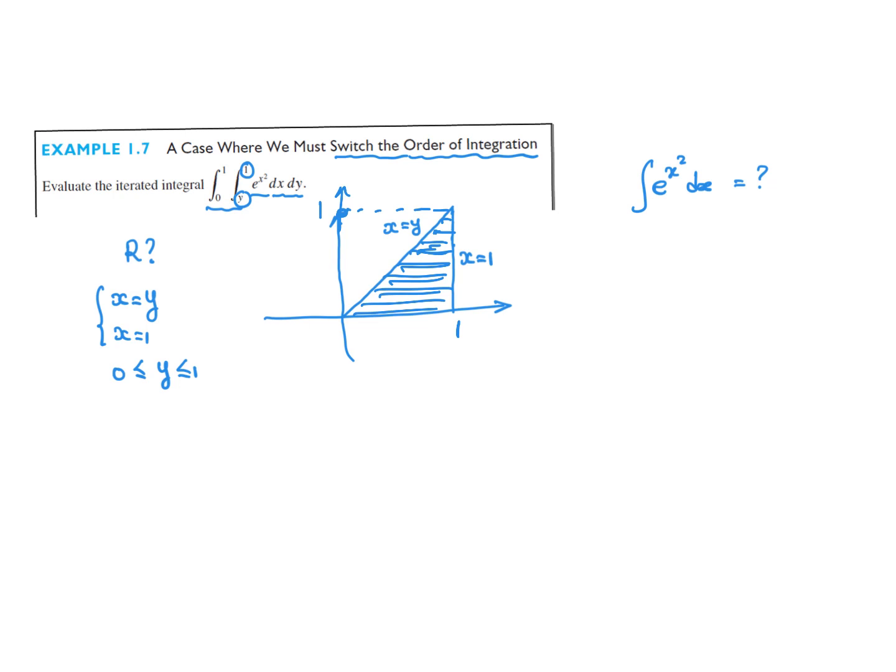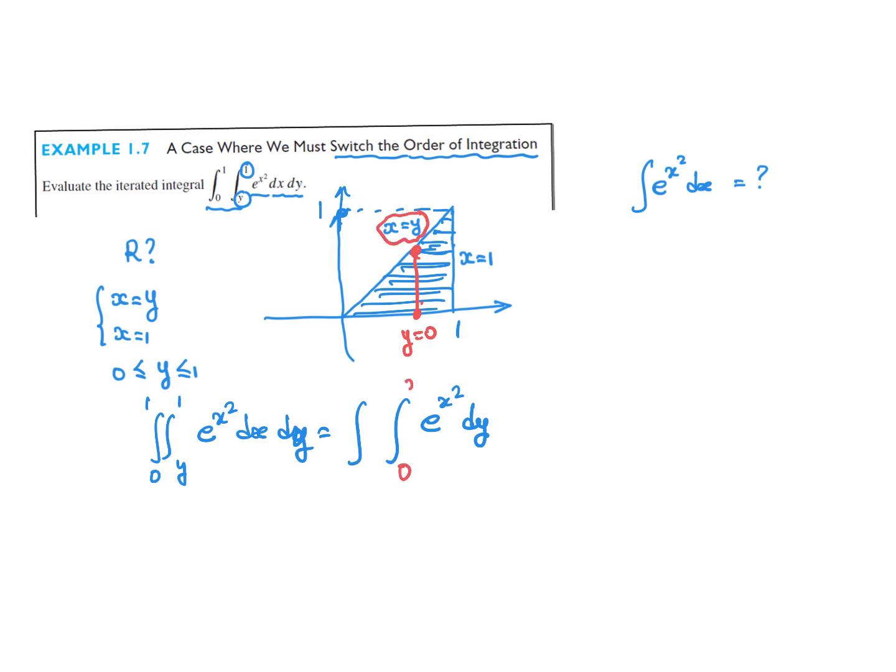And to integrate in this region R now, so 0 to 1, y to 1, e to the x squared dx dy, I will start now by integrating with respect to y. So we start with y from y equals 0 to y equal x, which is this line here.